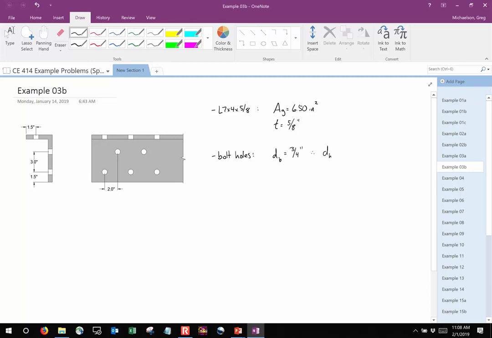So the diameter of a hole is what? 7/8. So therefore, the area of a hole, we'll go ahead and compute that now, is the diameter of the hole times the thickness.